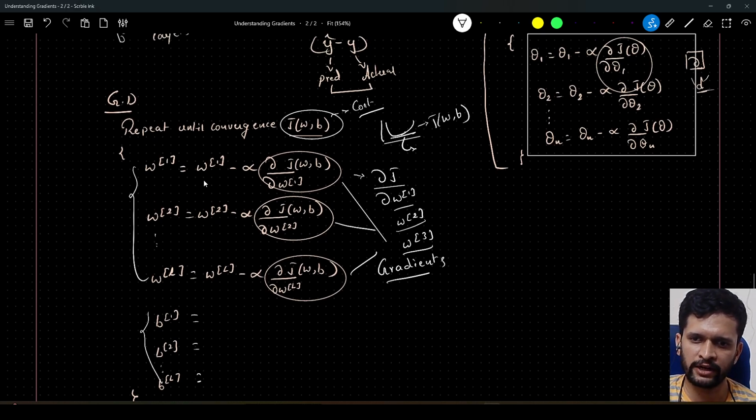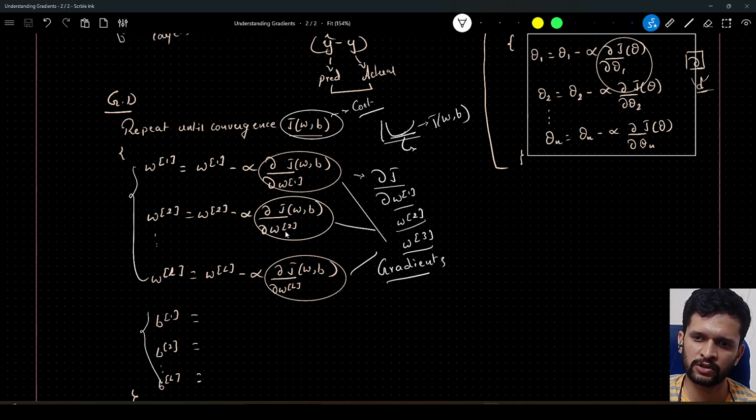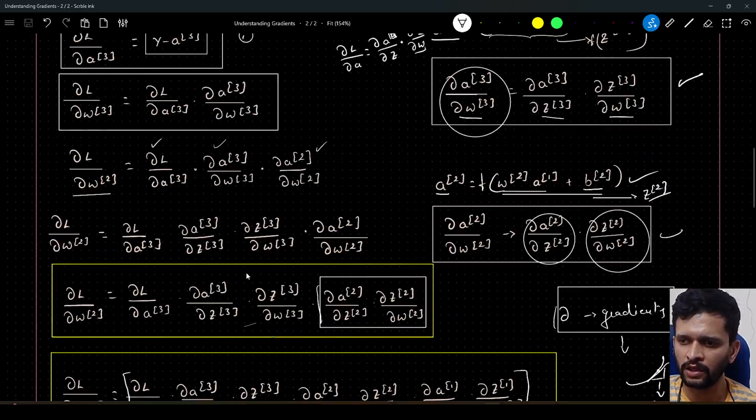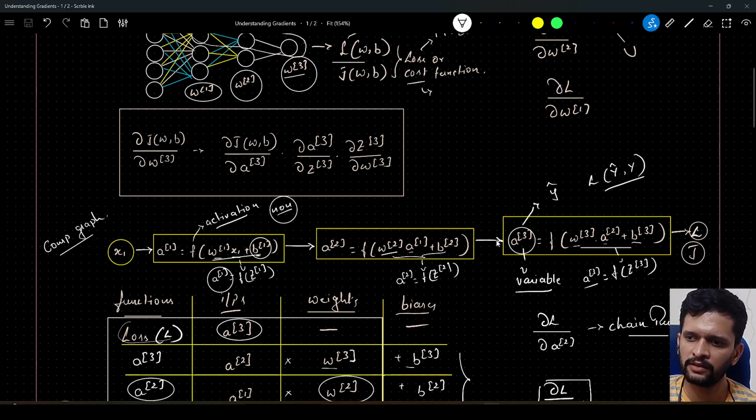Weight 1 is equal to weight 1 minus alpha times how the loss is affected by changing the values of weight 1. Similarly, weight 2 will be weight 2 minus alpha times how the loss is affected by changing the values at layer 2. Similarly, how the loss is affected by changing the values at layer 3. So this is what we have to compute now.